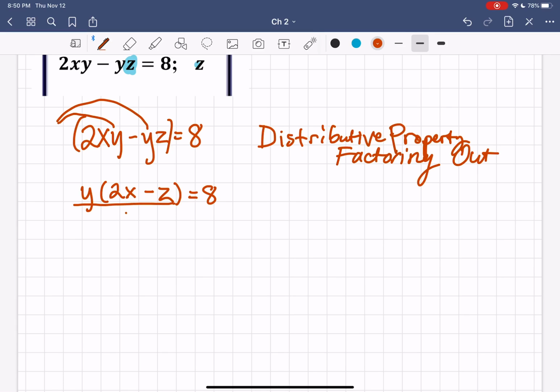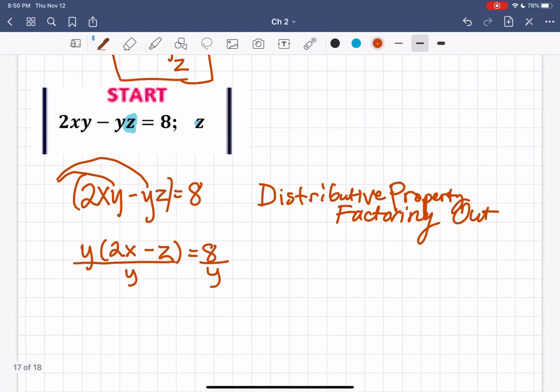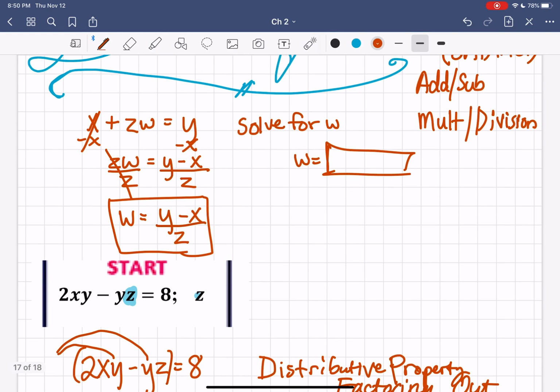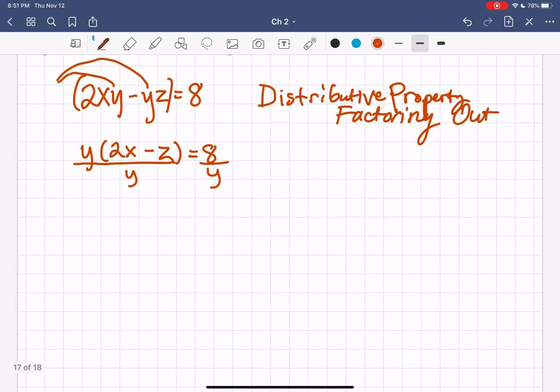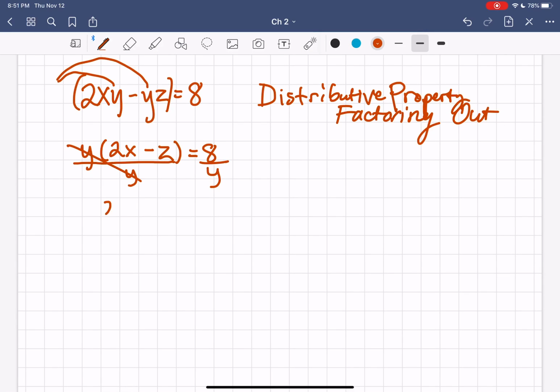Now I need to solve this. This time I have to do the multiplication and division first, because you do the adding and subtracting, multiplication and division, and then if you have parentheses, you have to unpack this one layer at a time. Dividing by y cancels out. 2x minus z is now free, equals 8 divided by y.